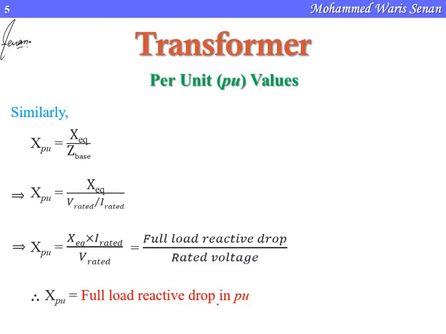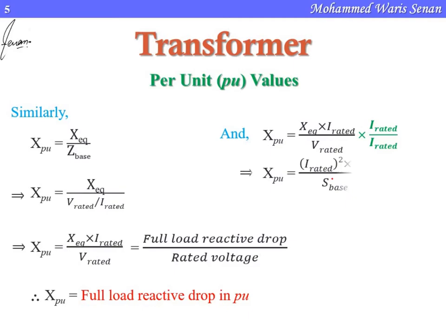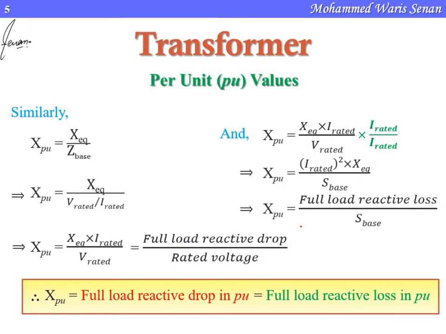Again, if you multiply this equation by I rated by I rated, we obtain I rated square into X equivalent divided by S base. Now this I rated square into X equivalent will be the full load reactive loss divided by S base. So this can be written as full load reactive loss in per unit. So R per unit is full load resistive drop in per unit and full load copper loss in per unit.